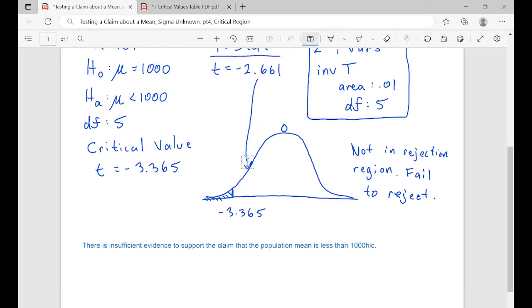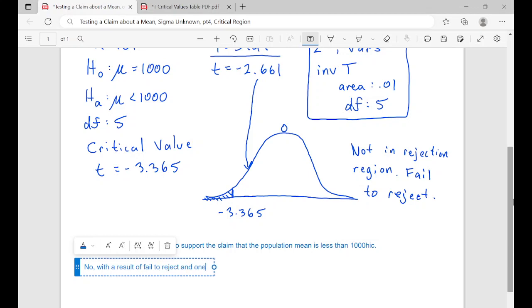So we can say that no, with a result of fail to reject, and one of the seats has a HIC of 1210, the requirements are not met.